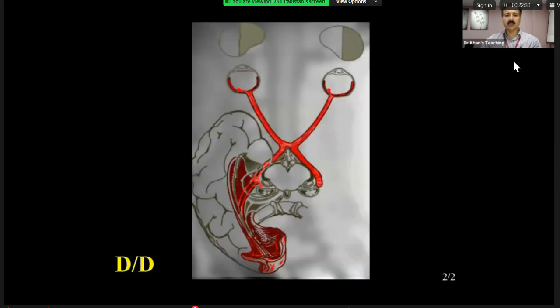Optic nerve glioma can go all the way to the optic radiations. So, this is optic nerve, optic chiasma, optic tract, and then it can go all the way, and this you have to understand.